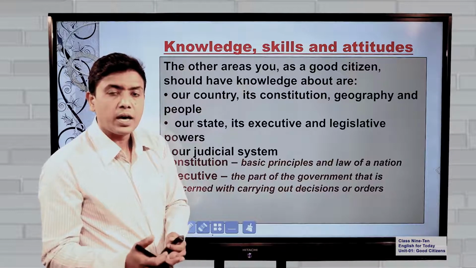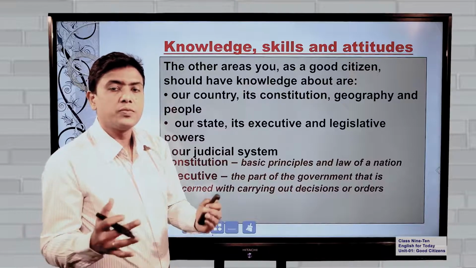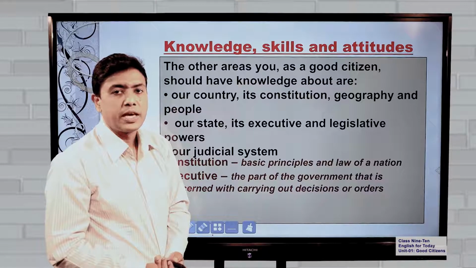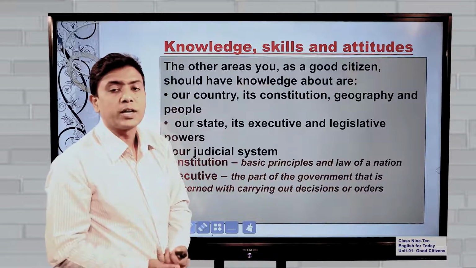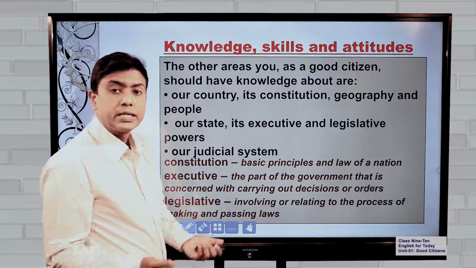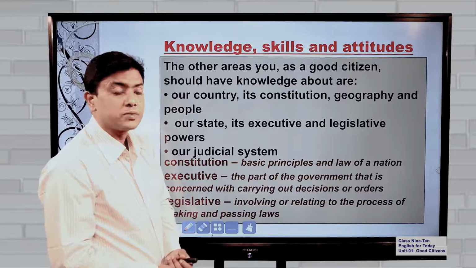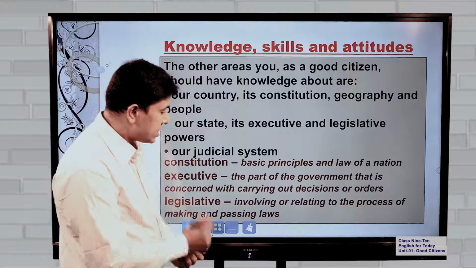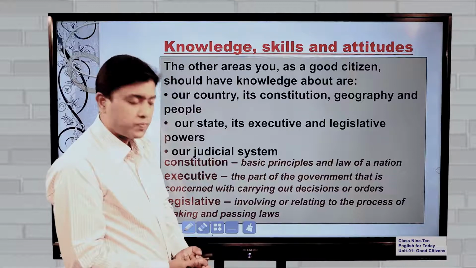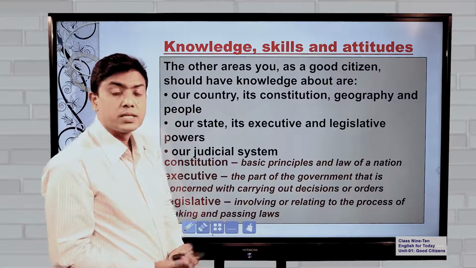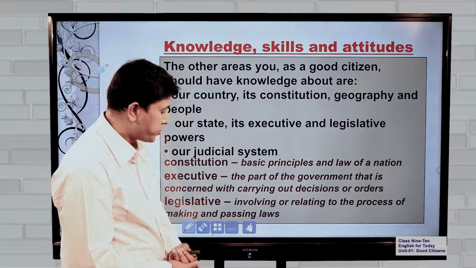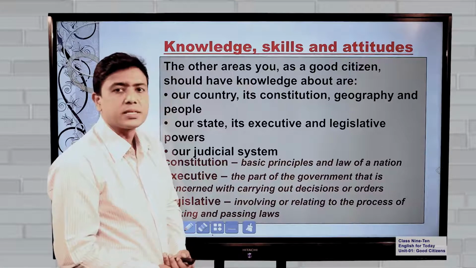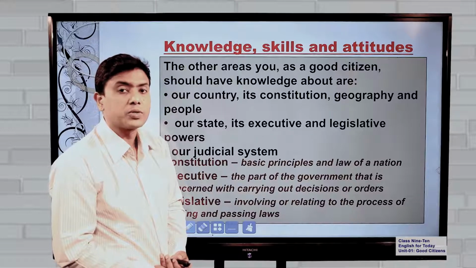So this is how a country is governed. The executive and also the legislative. These are the two very important parts of the government. Also, the judicial part helps in this regard, making law and order situation all right. Let us also learn about the legislative part of the government. So the meaning of legislative is involving or relating to the process of making and passing laws. Very important.